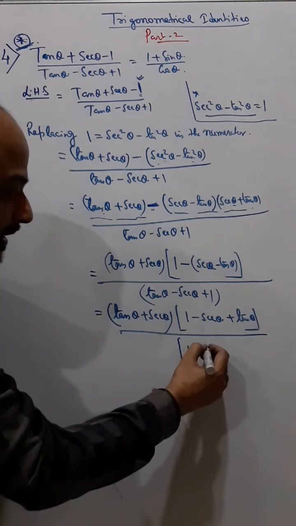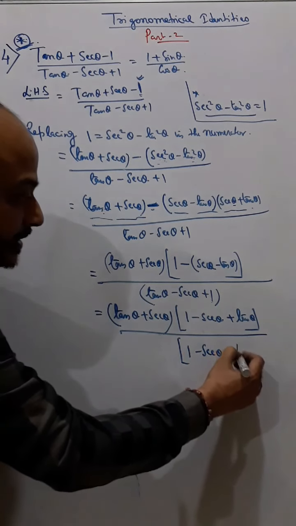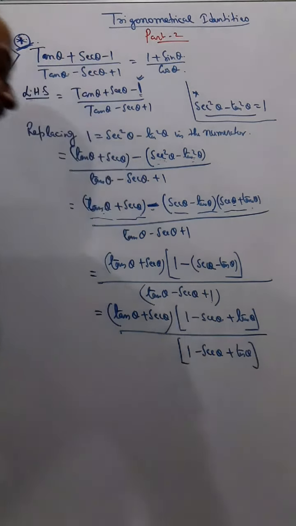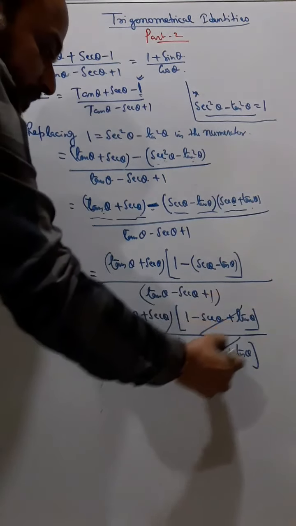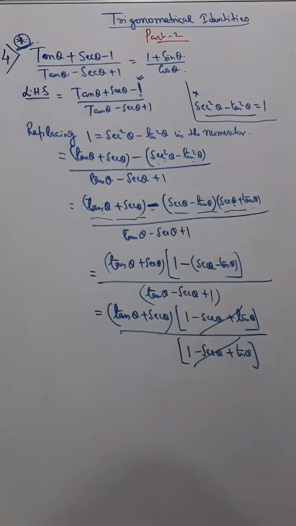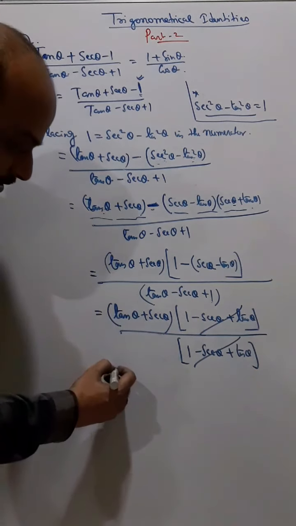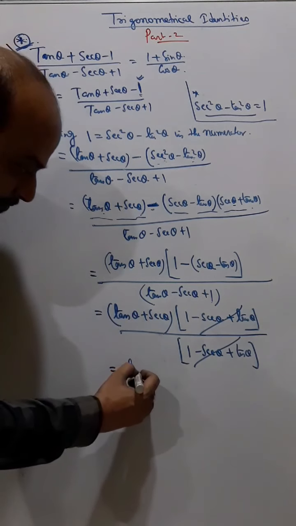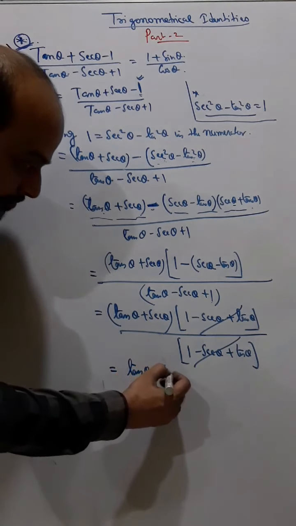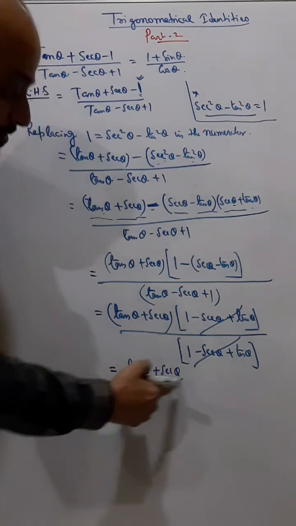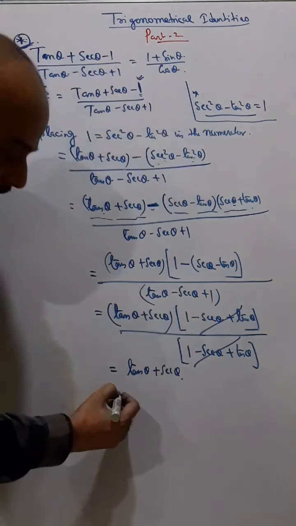1 minus sec theta and plus tan theta, okay? Now this and this will get cancelled, and then you can convert into sine and cos, okay? And then after that we are left with this tan theta plus sec theta, and if you convert into sine and cos you will get this one, okay?